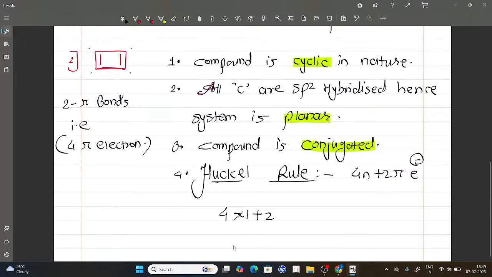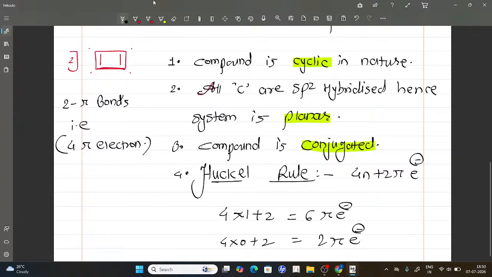So if we put any number here, as n is equal to 0, 1, 2, we do not get the 4 pi electrons. Therefore, your system cannot obey Huckel's rule.